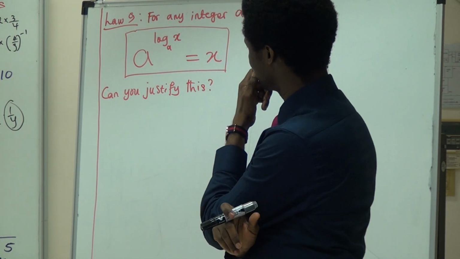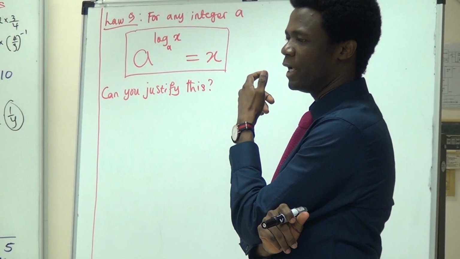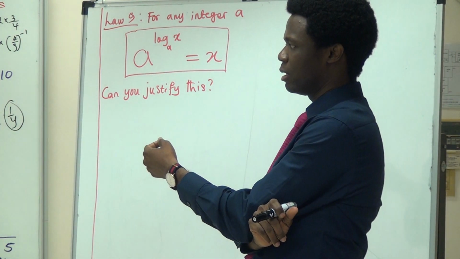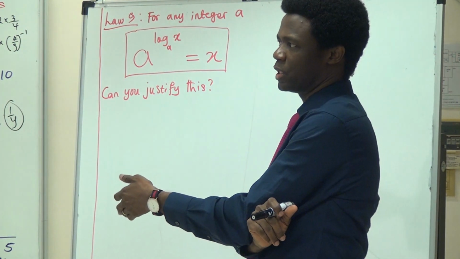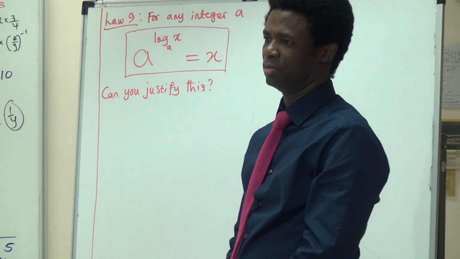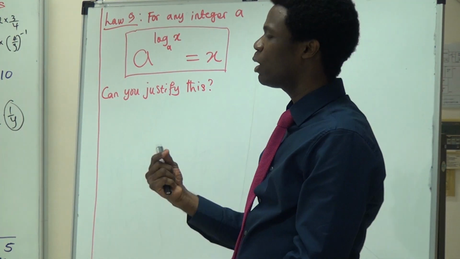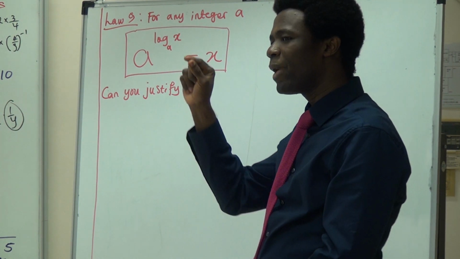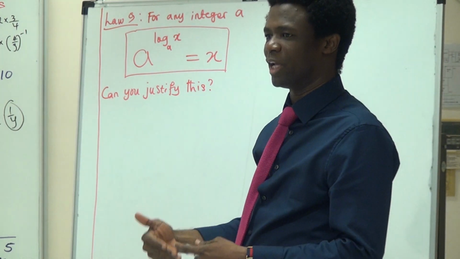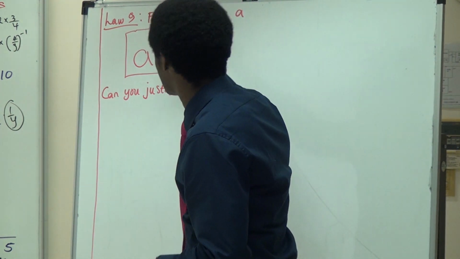Anyways, let's look at this. Guys, please, let's look at this. This law is about an integer having an index number, or let me say an exponential function, where the power is a logarithmic function. The power contains log. The law tells us that if the base of the log at the power is the same as the base of the exponential itself, then you can cancel everything and maintain just this alone.